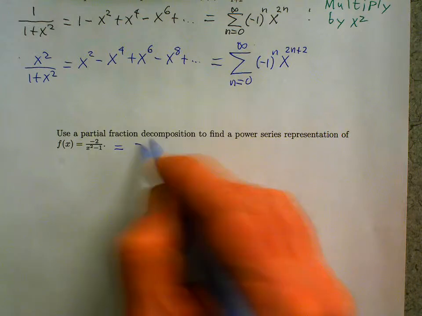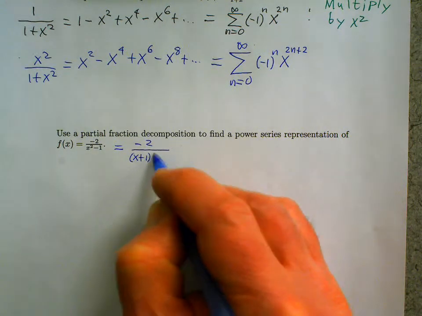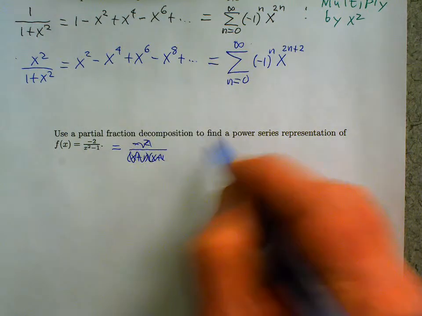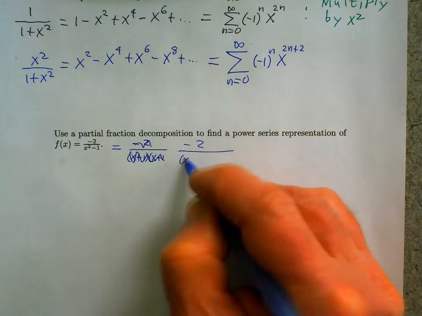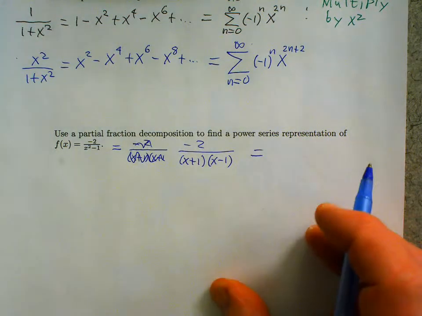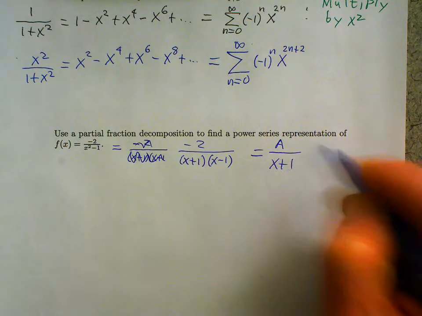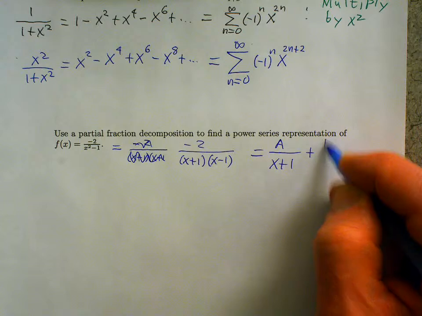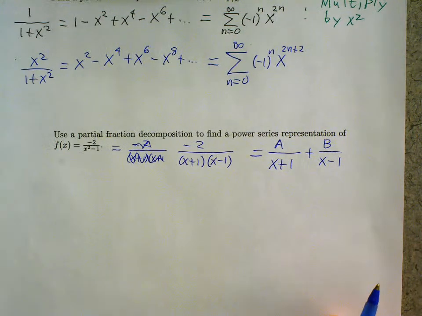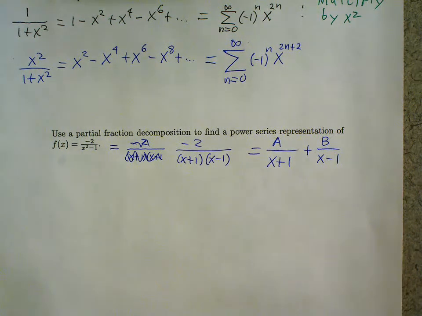So we have -2 over x plus 1 times x minus 1. And then in partial fractions, we write a over x plus 1 plus b over x minus 1. A and b represent constants.